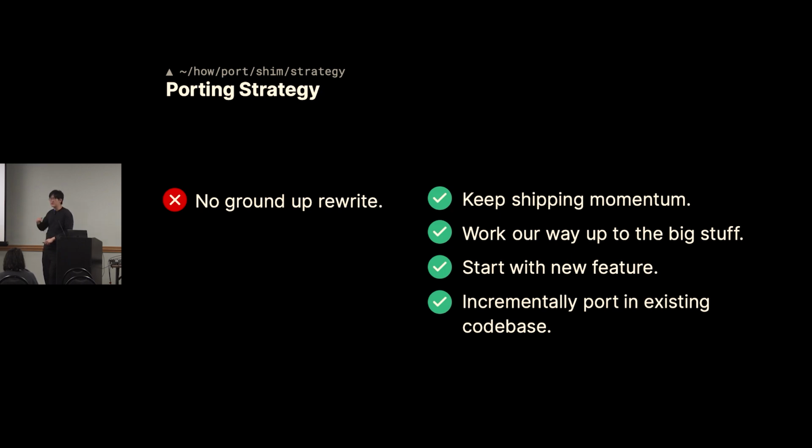The next feature after that we decided to port was CLI parsing. And this was a pretty natural next step because CLI parsing we were already doing a little bit of for the shim. And so we ported the CLI parser using an excellent library called clap, which allows you to basically define a struct full of your flags, and then clap will create the command line parser for you.